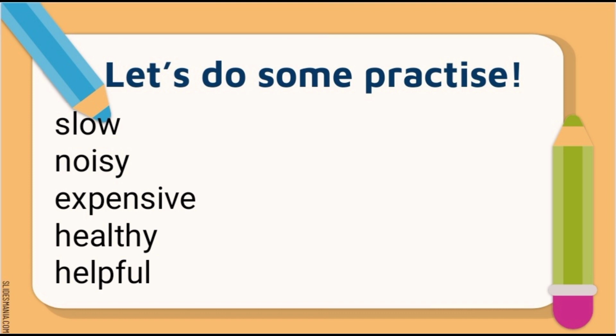Alright? Next, we go to expensive. Okay, how many syllables here? Expensive. Three syllables. Okay, so if three syllables, we use more than and the most. Remember? So, expensive, more expensive than, the most expensive.